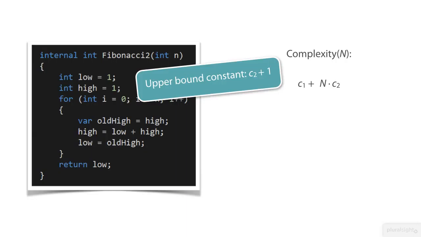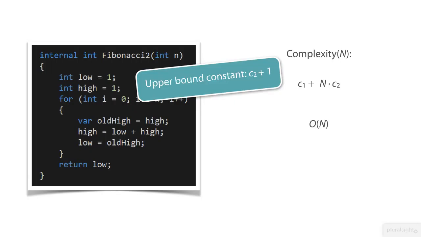And therefore, the worst case complexity of this implementation is big O of n. This is a straight line and a much better performance guarantee than the recursive implementation from before, which was big O of 2 to the power of n.